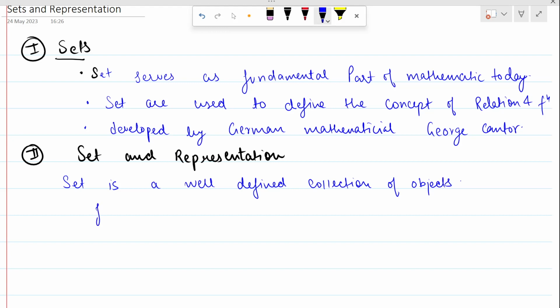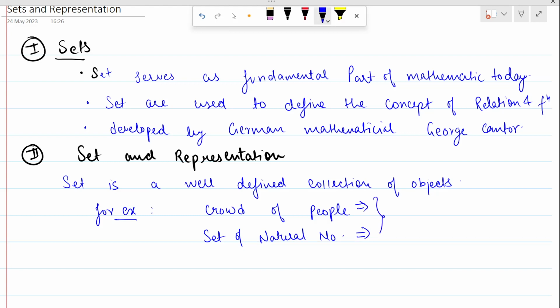For example, a crowd of people and a set of natural numbers. So there is a distinction between these two.